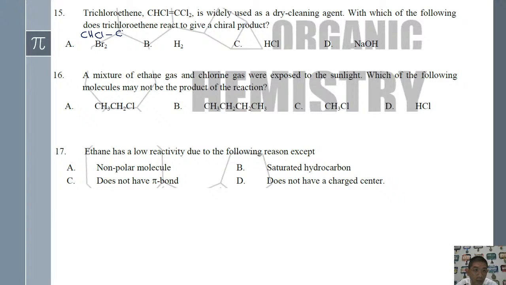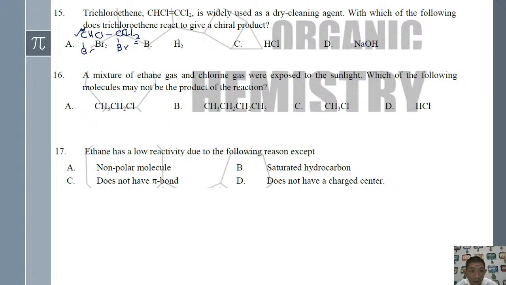So you have CH2, CHBr, so you have Br and Br. Do you see that there is any chiral carbon atom? As long as you have two identical groups, definitely you will not give a chiral carbon atom, isn't it? However, this one can give a chiral carbon atom. This one can. So this is the chiral carbon atom.